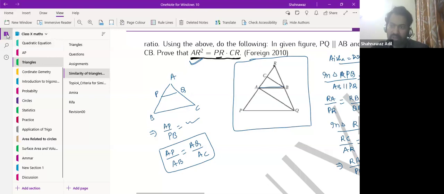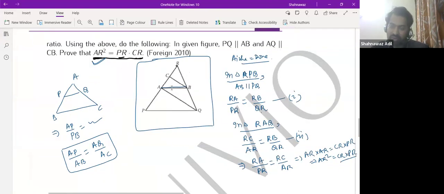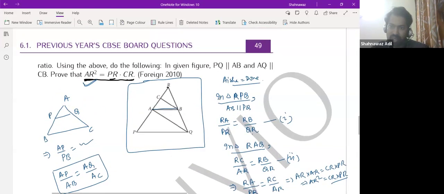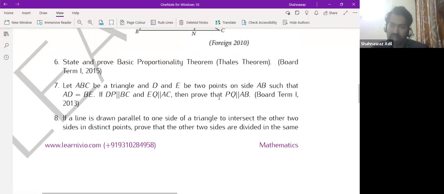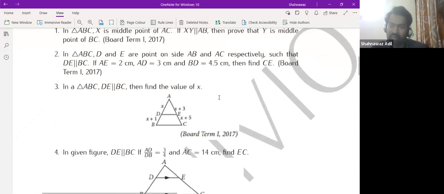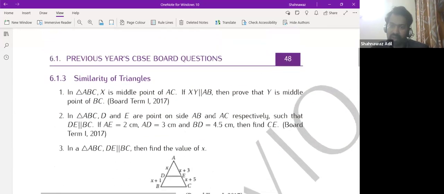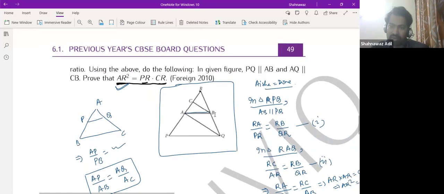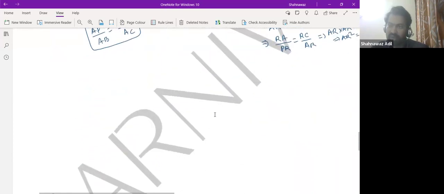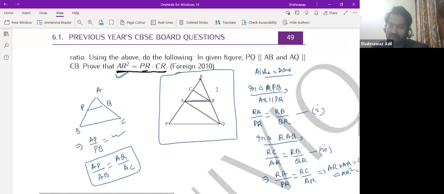Oh, this was the question. Yes. There was a question in which I got stuck, but Shaima and you guys helped me with that question. What was that question? I was not able to find the triangles.